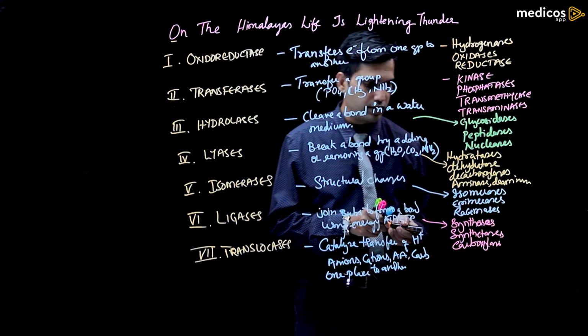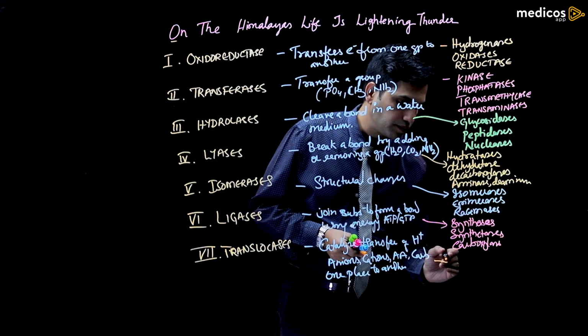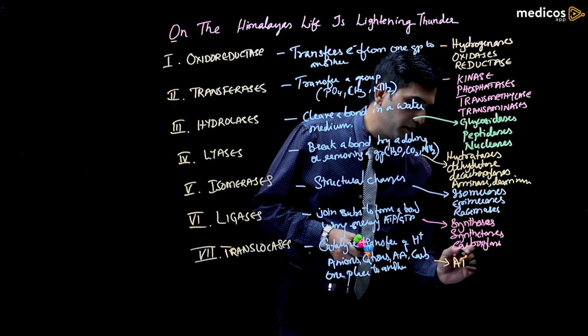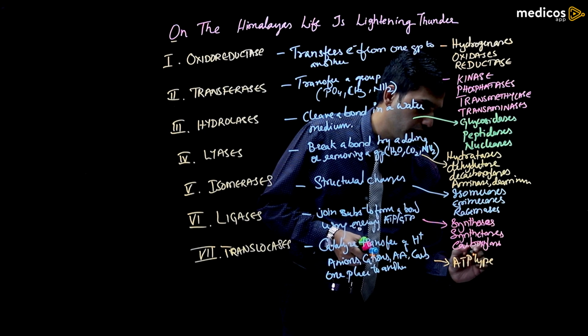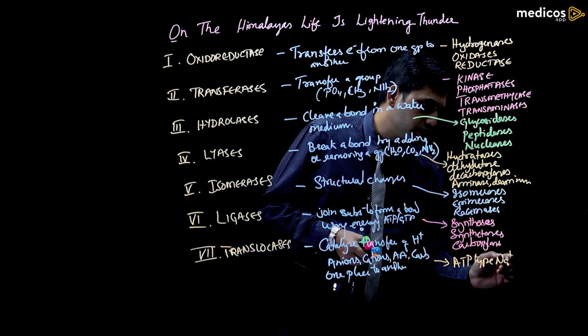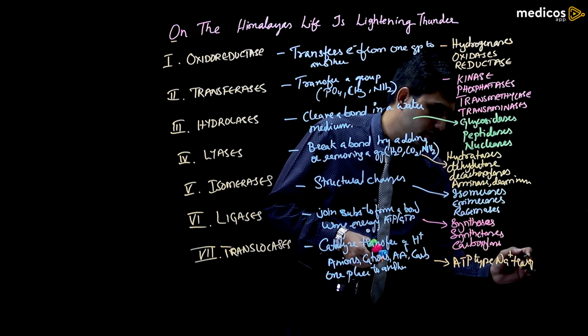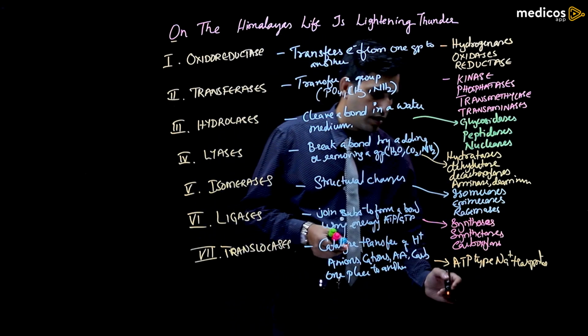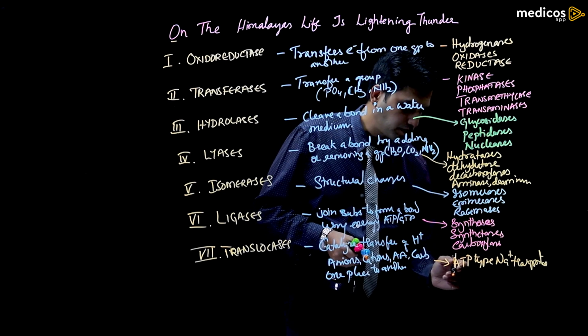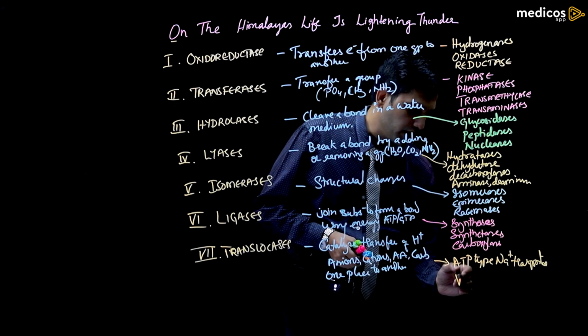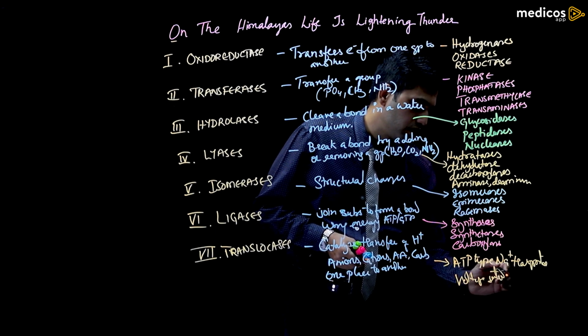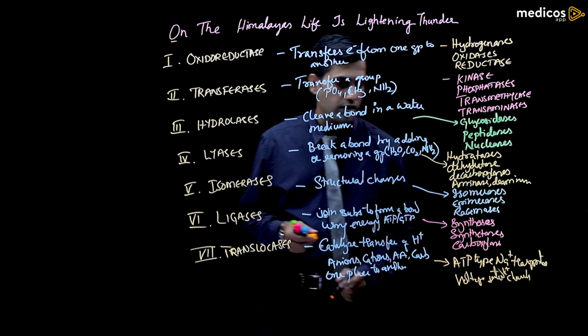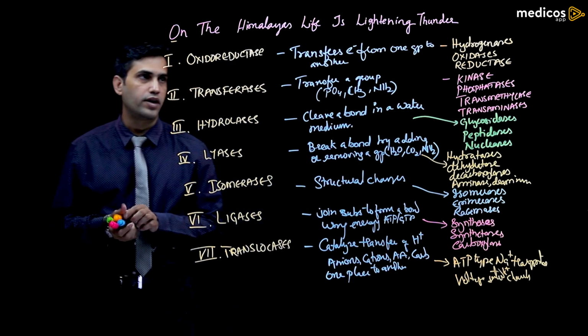Examples are ATP type sodium transporter, voltage gated channels, all these are examples of translocases.